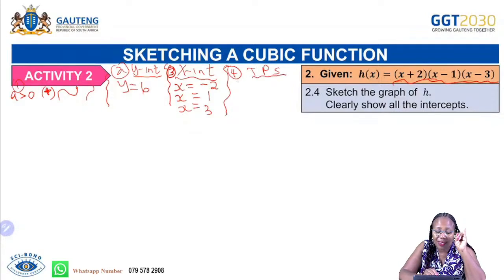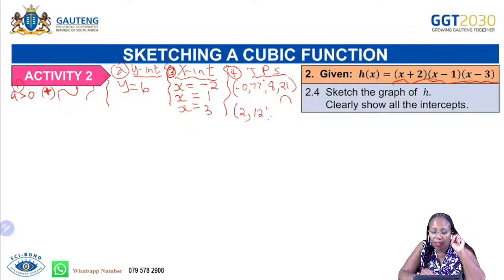We calculated the first one as minus 0,77 together with 8,21 as the y value. And we said this is the maximum. Do you still remember that? Then the second turning point is x value 2,12 together with minus 4,06. Since this one is smaller, that will be your minimum value.